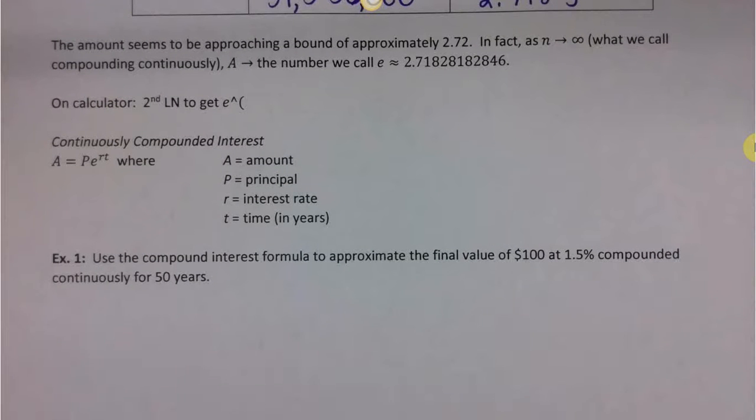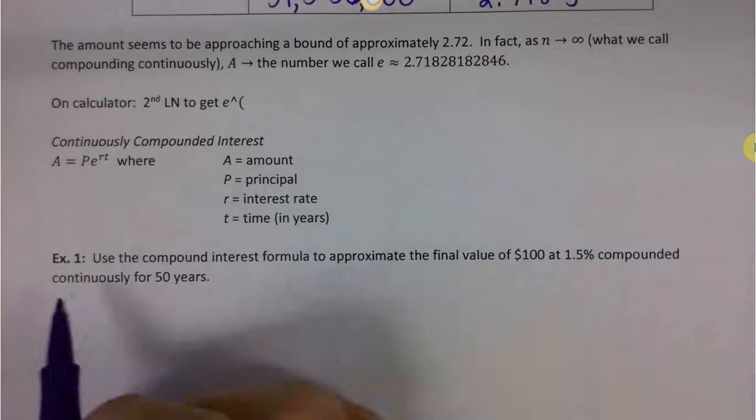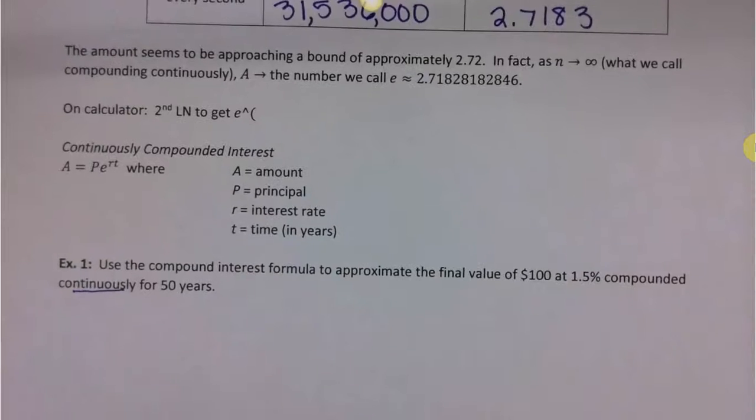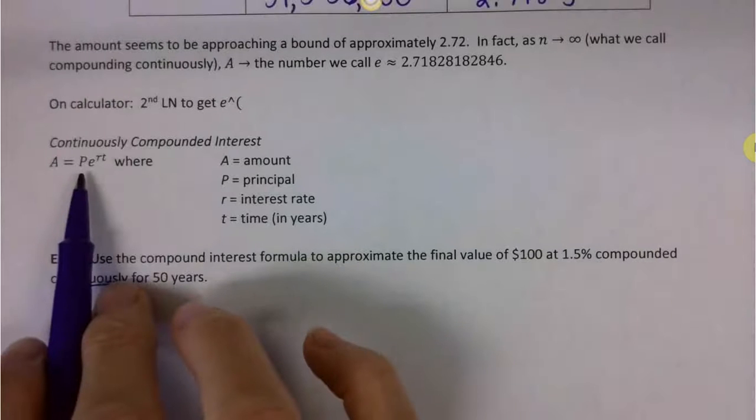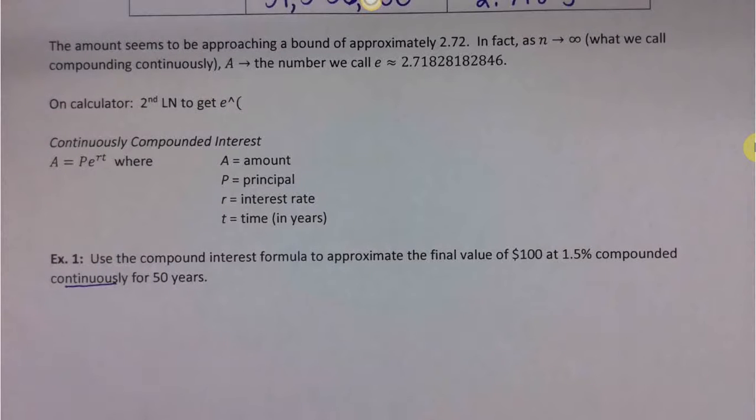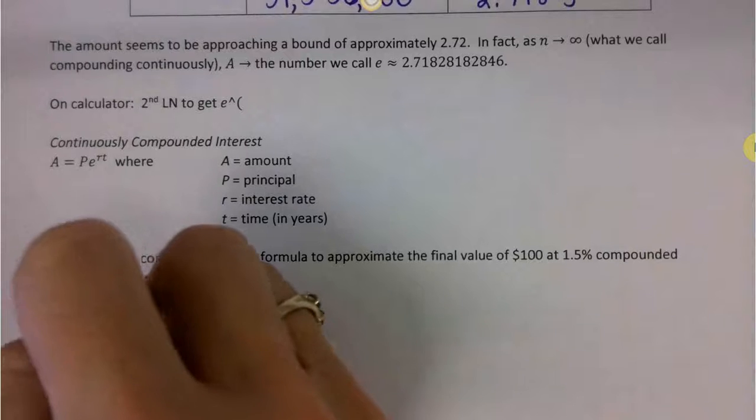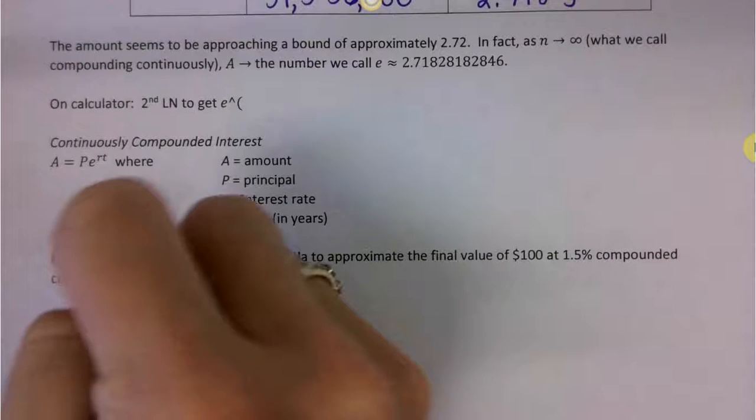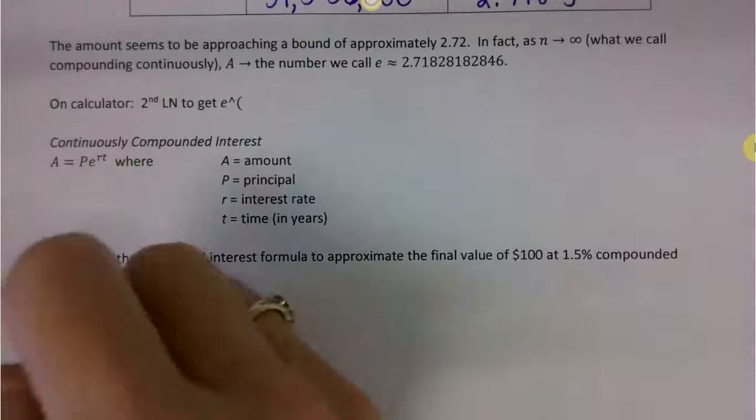So we want to use the compound interest formula to approximate the final value of $100 at 1.5% compounded continuously for 50 years. So here is the key word that tells me I'm going to use this formula as opposed to the other compound interest formula. So I need to identify P, the principal, that is the $100.